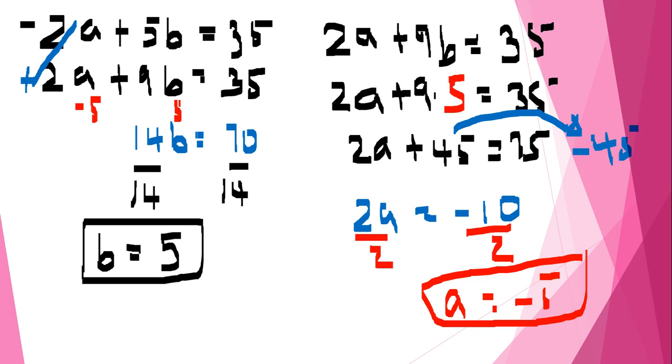If I plug my 5 in there, 2 times negative 5 will give me negative 10 plus 45. This will get me to 35. So I've got 35 on my left hand side, and I've got 35 on my right hand side. So the equation is balanced for both equations, and therefore I know that my answers are correct.